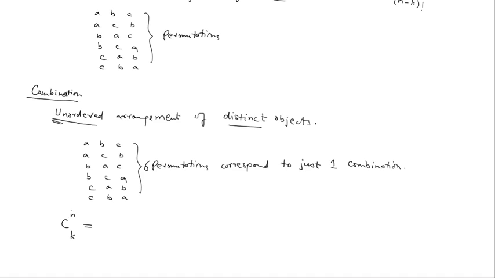The number of combinations of k objects chosen from n objects when the k objects are unordered. This formula is just the number of permutations, the ordered ones, divided by k factorial. Why is that? Can anyone explain how I came up with this formula?